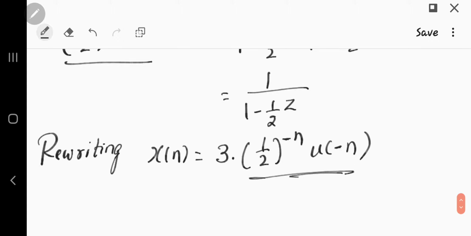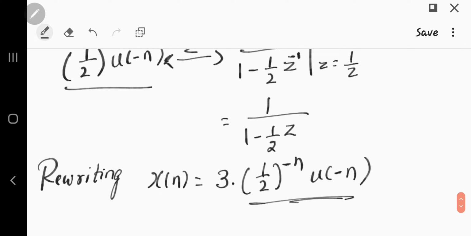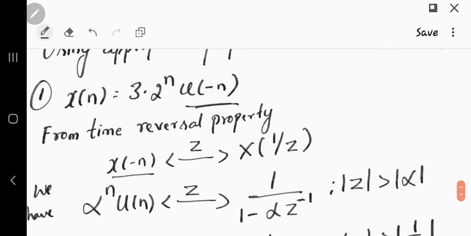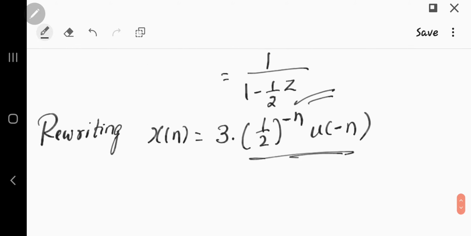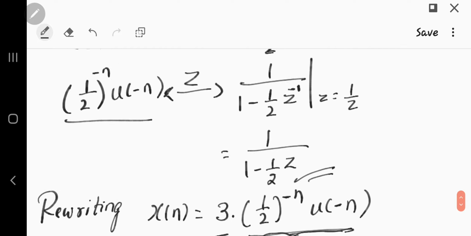This won't change anything, because we have 2 to the power of n. I have written 1 by 2 to the power of minus n, which is nothing but 2 to the power of n, so that will be the same. So now we can use this term. That means we have applied the time reversal property, and only this part of the signal is taken. This 3 is not considered here.